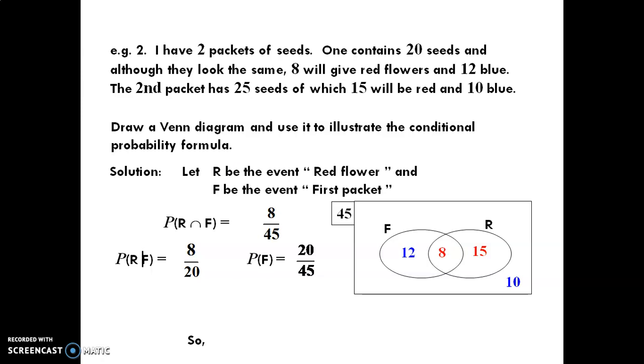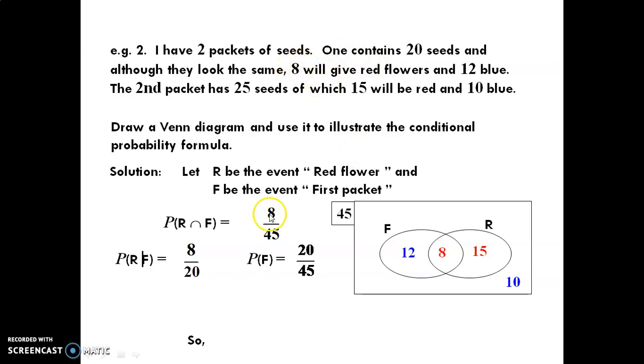Okay. So R is the event of a red flower, and F is the event of the first packet. In this case, probability of red flower along with the first packet: they have given that 8 will be red flowers.